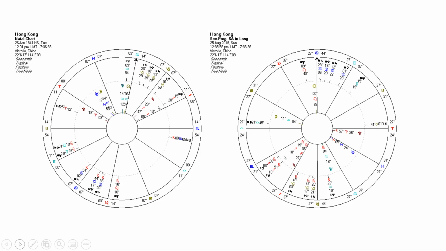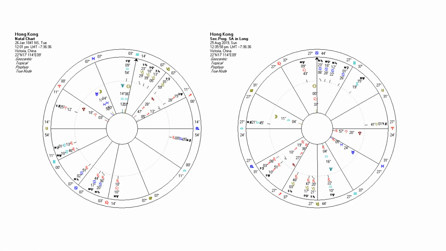Here's Hong Kong with the secondary progressed wheel for now. And interesting to note in the progressed wheel here that the progressed sun is now in Leo.